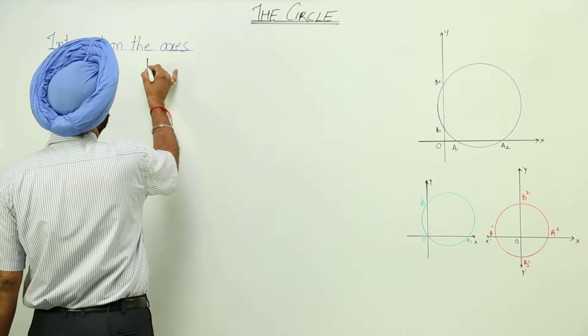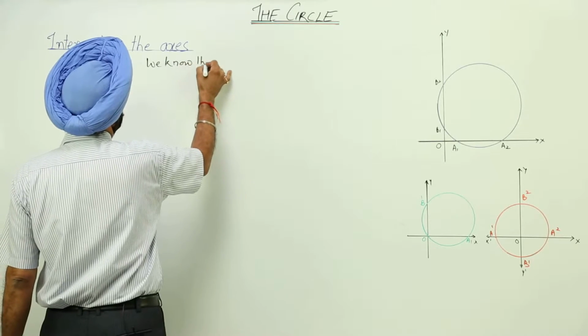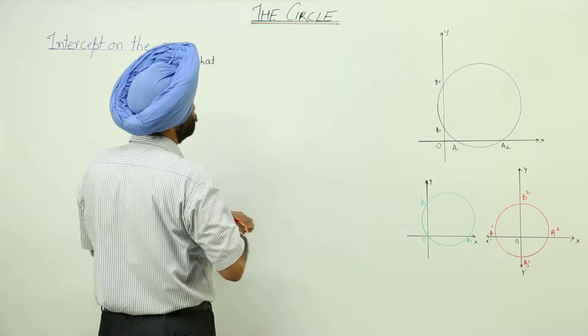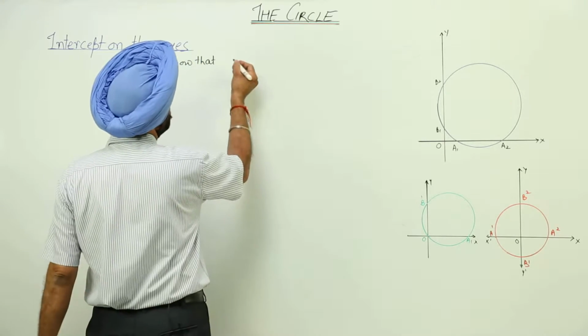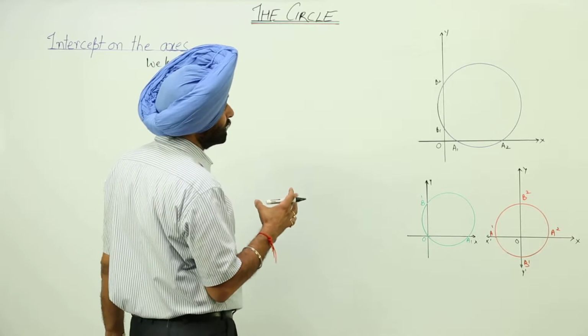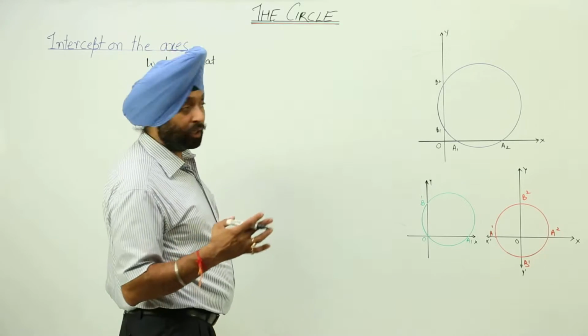Now, first thing, we know that if we are putting x is equal to 0, then it means we are on the y axis. If we are putting y is equal to 0, we are on the x axis.